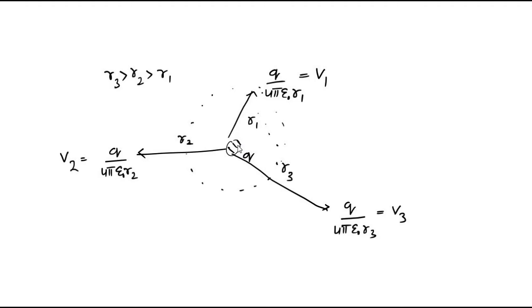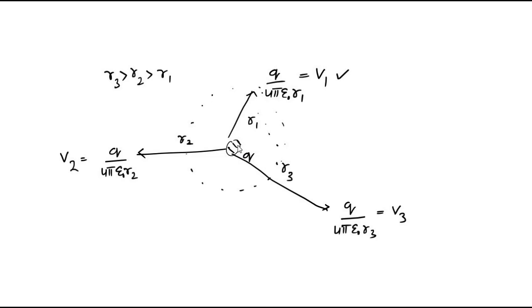Then all the points on the circumference of the circle will be at the same potential V1. Take it in 3 dimensions, we imagine a sphere. So all the points on the surface of that sphere with radius r1 will be at potential V1. So that sphere of radius r1 is an equipotential surface.